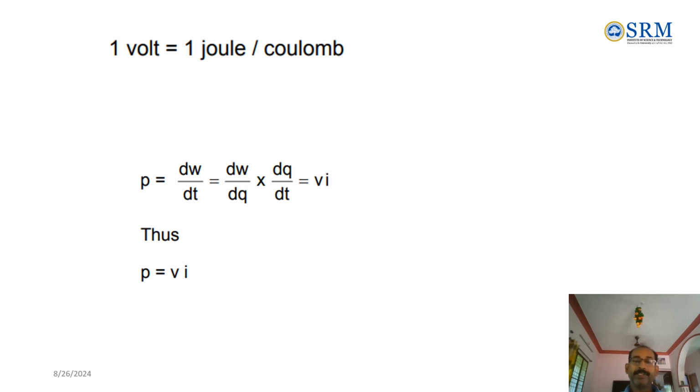This can be rewritten as dW by dQ into dQ by dt. dQ by dt we know is I, and dW by dQ is nothing but volt, that is, 1 volt is equal to 1 joule per coulomb. Thus the DC power P is voltage into current.